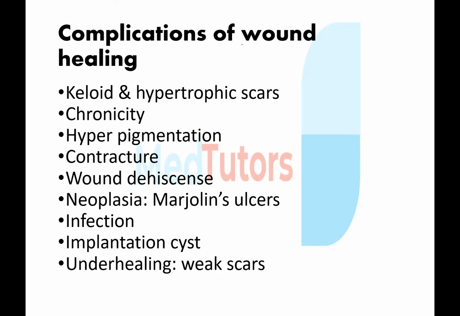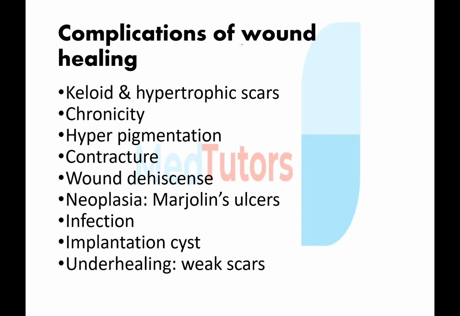The typical squamous cell carcinoma is different from the Marjolin ulcer, because a Marjolin ulcer is a malignancy that arises from an old scar, a chronic wound. So there are no lymphatics, and spread is usually local. While in squamous cell carcinoma, the lymphatics are still intact, so the spread can be via lymphatics.